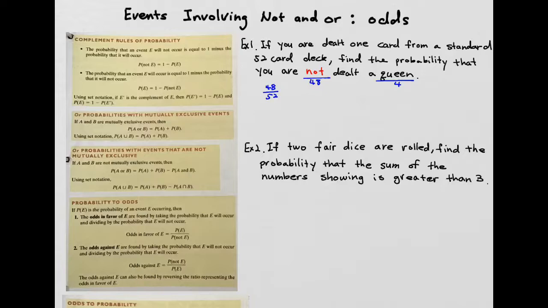But if I wanted to use this formula right here, for "not," then let me write that down. The probability of not a queen is equal to 1 minus the probability of getting a queen.